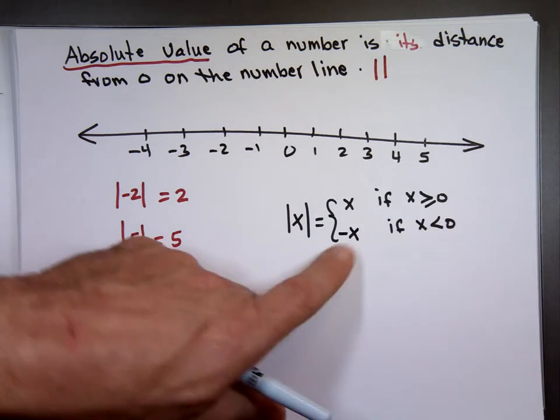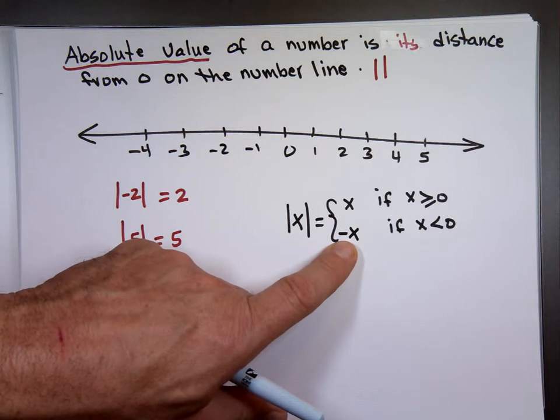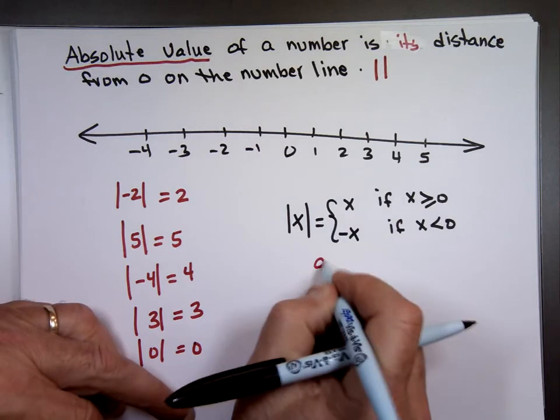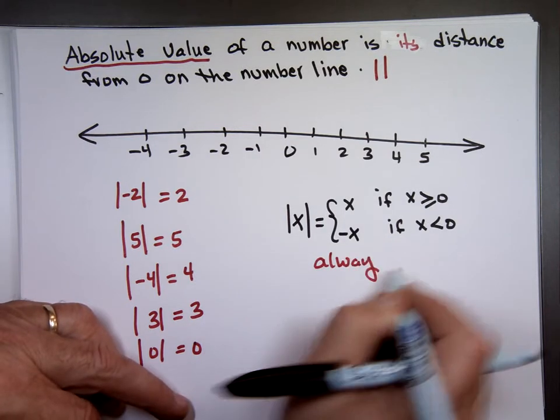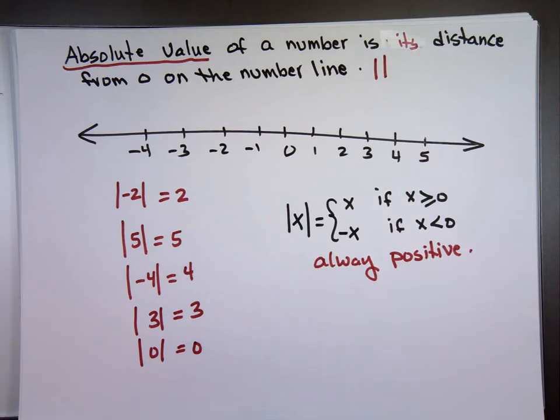That's not minus, that means the opposite of that number. And what's the opposite of a negative number? Positive number. So the absolute value is always positive, will never be negative. So if the number is positive, leave it alone. If the number is negative, change it to positive. Simple as that.